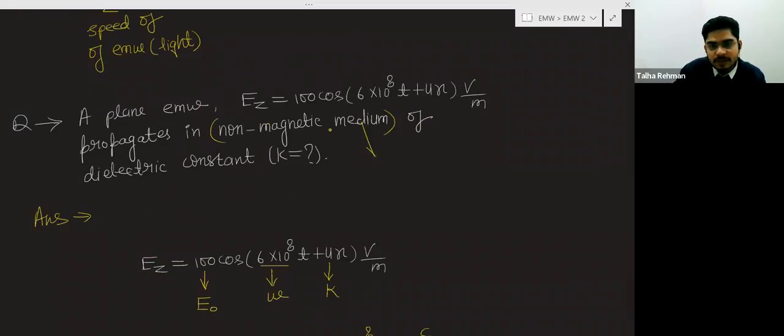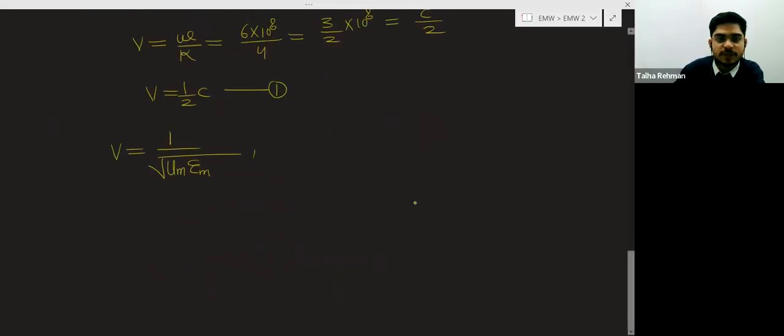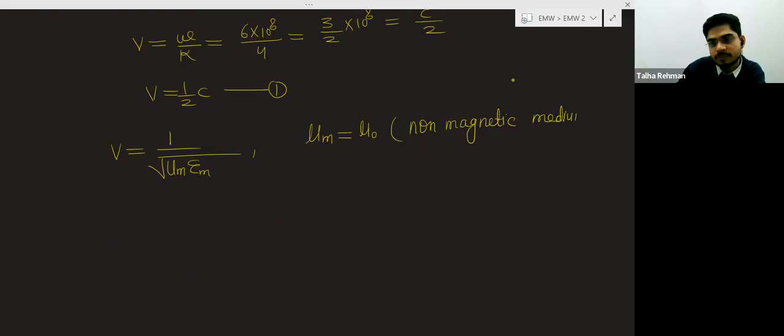Non-magnetic medium means this medium does not have any magnetic properties, so we take the permeability of the medium equal to mu naught. So mu m here is equal to mu naught. Why? Non-magnetic medium. Okay, so we will put this here.